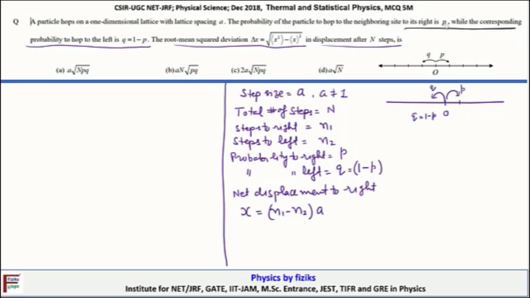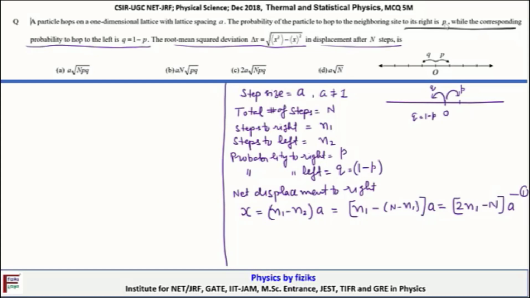Okay, and this can be further rewritten as n1, and then we can write n2 in terms of n1 and n, that is n minus n1, multiplied by the step size. After rearranging all these terms, this turns out to be equal to 2n1 minus n, multiplied by a. Let's call this our equation 1.